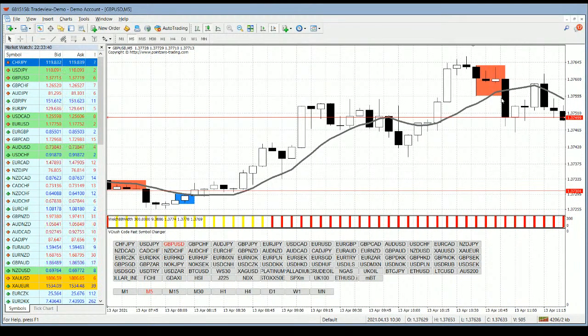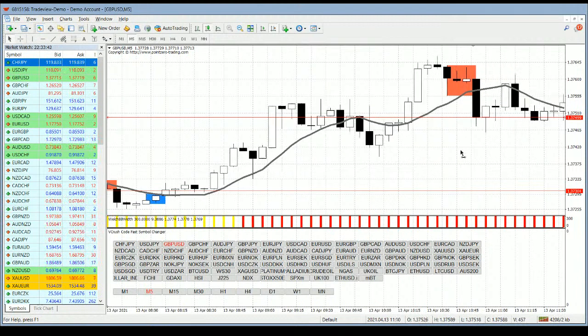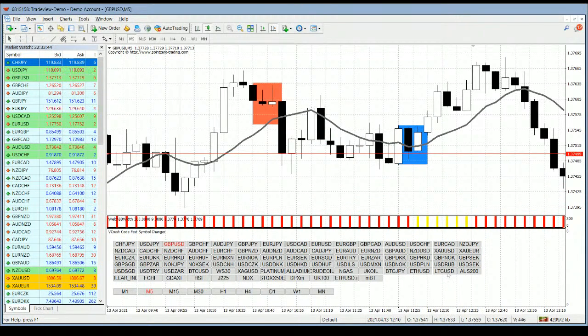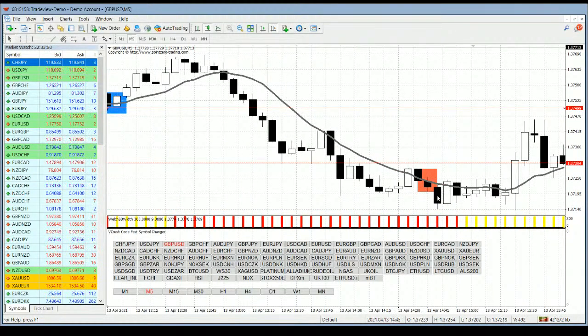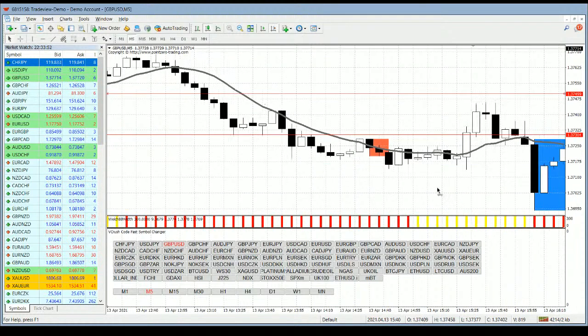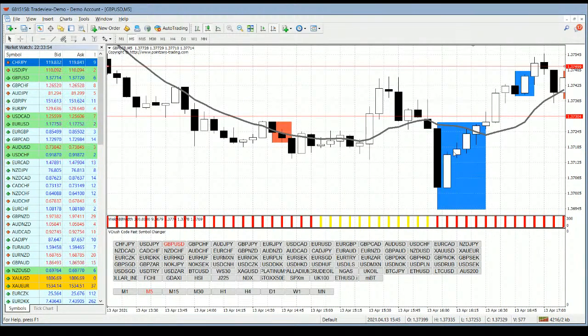Yes, this is a trade we can take. No, because it's under yellow, we can't take this trade. This trade, yes, we can take that trade. This trade, no, we can't take this trade because it's above the moving average and it's also red. Okay, so it's so simple, guys. So simple.